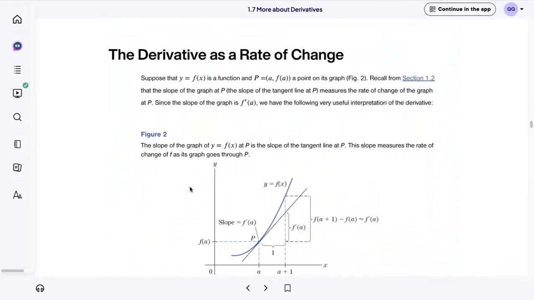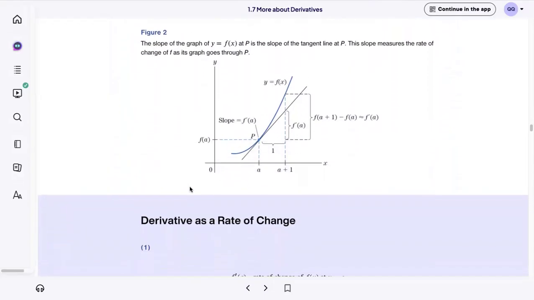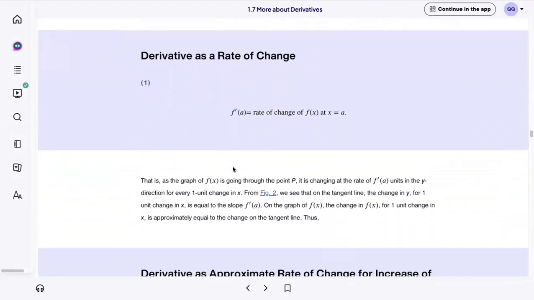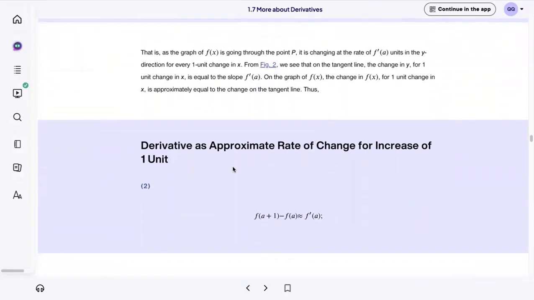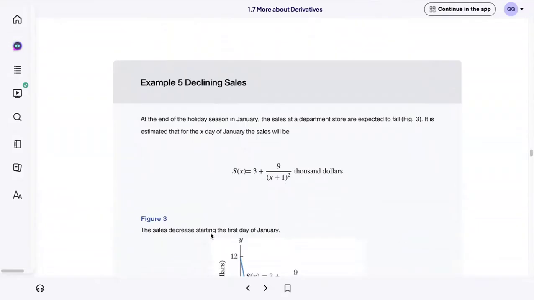So the derivative as a rate of change. The derivative is the change of the slope of this tangent line. Okay, I'm going to skip that.